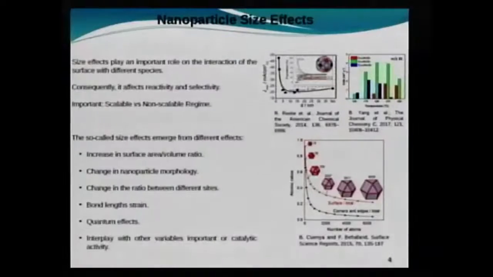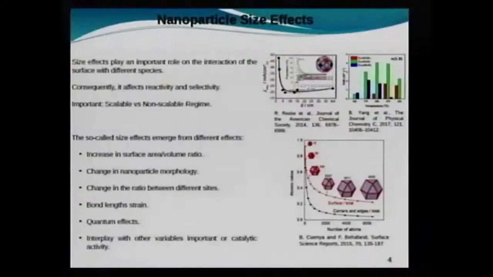So, okay, one of the effects we are studying in the group is nanoparticle size effects. And why are we studying that? Because when you change the nanoparticle size, you change the way the nanoparticle surface interacts with reactants or intermediates. And this affects the activity and selectivity of your catalyst. It's important here to stress that we have two regimes when we are talking about nanoparticle size effects. We have a scalable regime, where we study things, see the changes, and can predict things from larger nanoparticles.